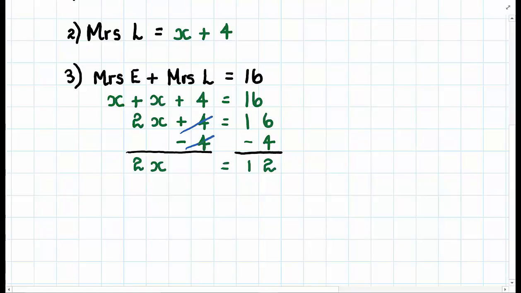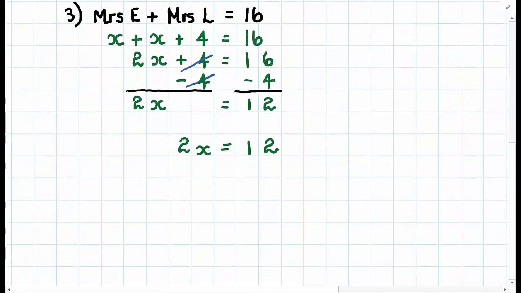So we know that 2x equals 12. Now we want to get x on its own. So I'm just going to write down the equation again. 2x is equal to 12, just so it's a little bit clearer.